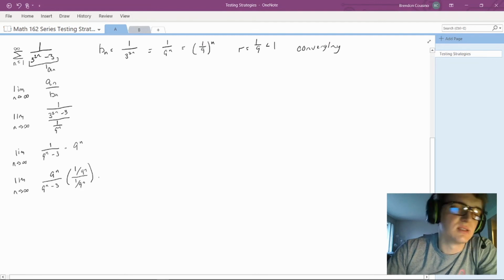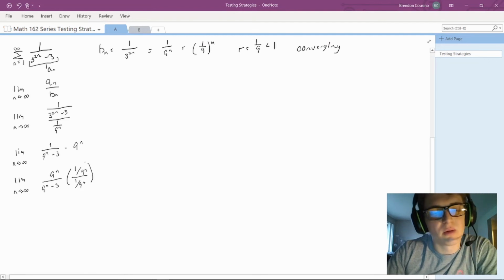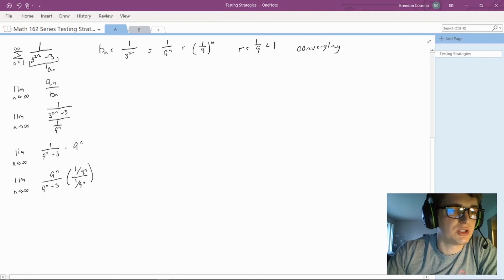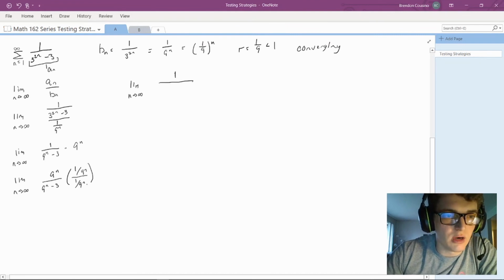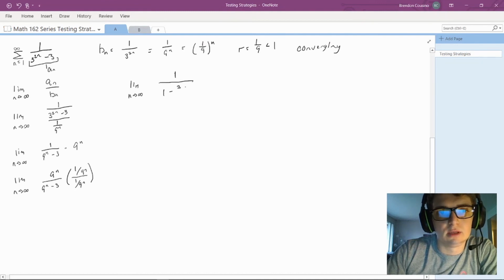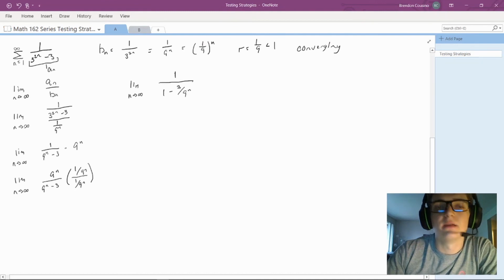We can do this because this piece is just 1, so we're not changing our fraction. So 9 to the n times 1 over 9 to the n leaves a 1 in the numerator, and we distribute our 1 over 9 to the n through our denominator. That gives us 1 minus 3 divided by 9 to the n.